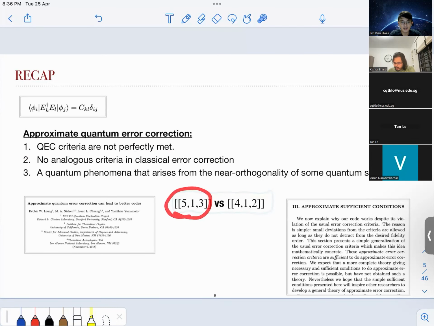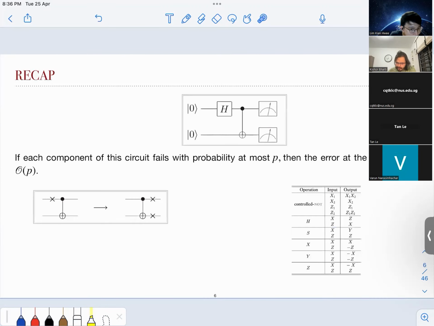But if you are interested not in perfect but only approximate quantum error correction, then you can use fewer resources and still do error correction. There is the 4-1-2 code that we discussed, and you can get similar, approximate sufficient conditions for approximate error correction.